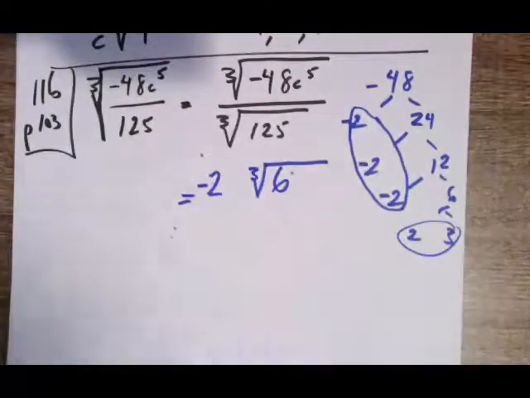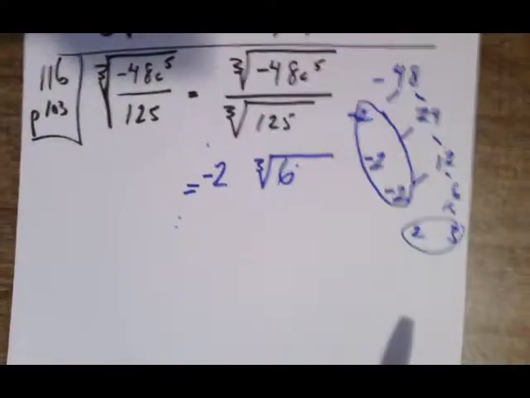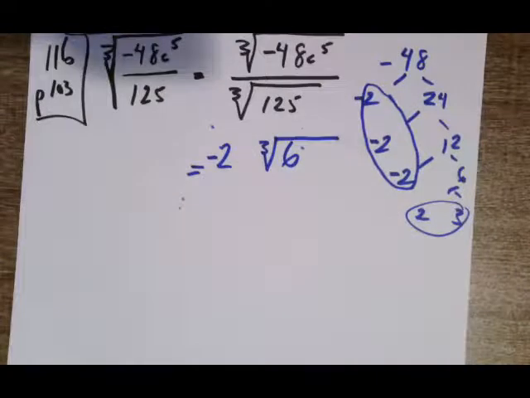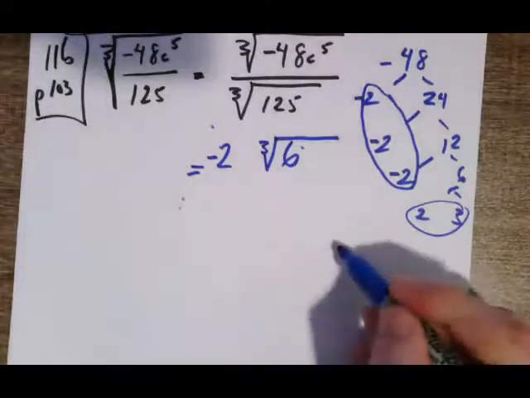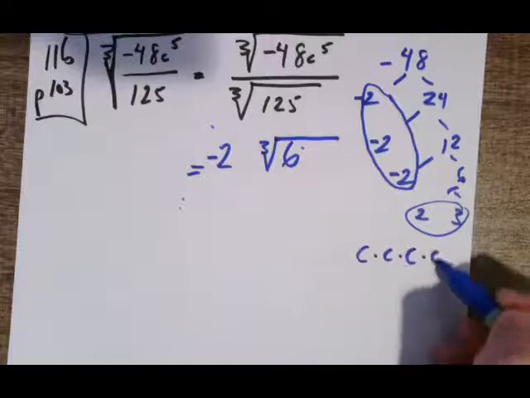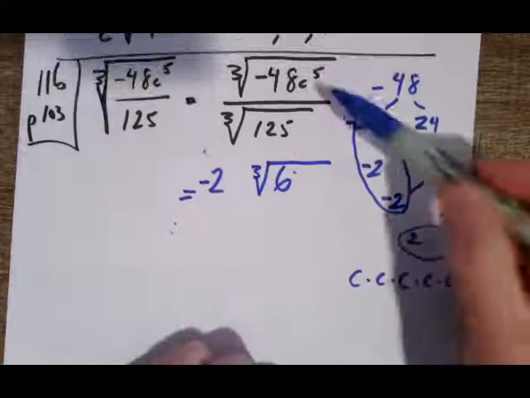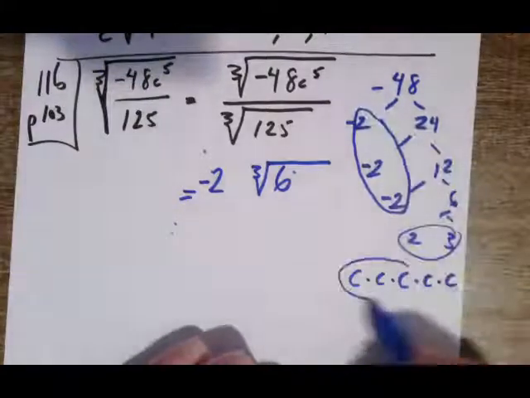Now, with respect to the c, that's just c times c times c times c times c, right? That's c to the 5. We need to pull out groups of 3.